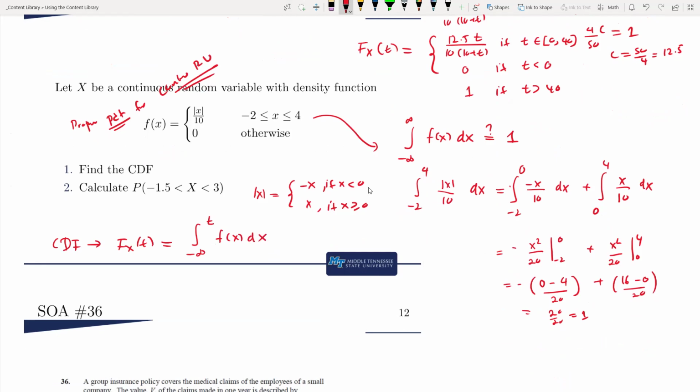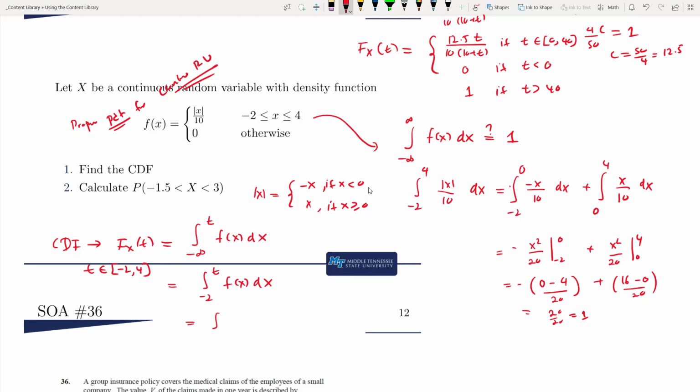So assuming t is between -2 and 4, I can write this as the integral from -2 to t of f(x) dx. If t is less than -2, the CDF value will be 0. If it's more than 4, the CDF value will be 1. So that's why I'm assuming it's between -2 and 4.